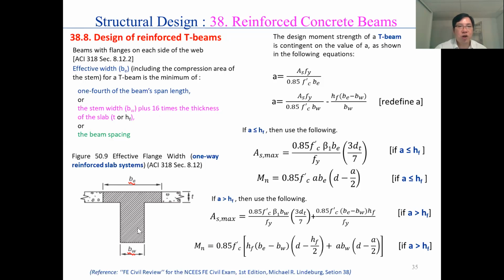So you can see the effective flange width of a T-beam, b_E and b_W.